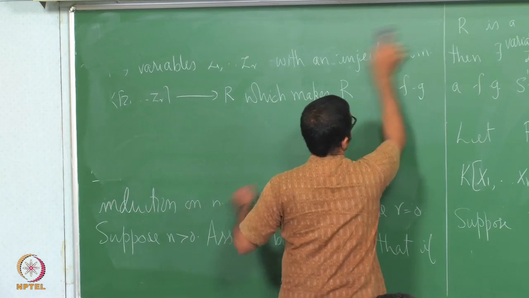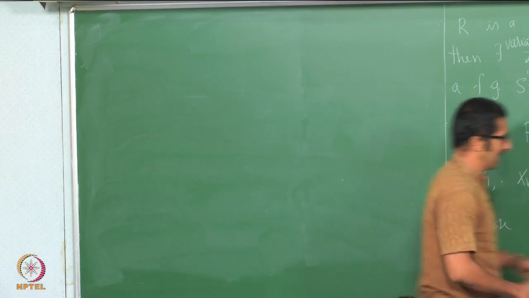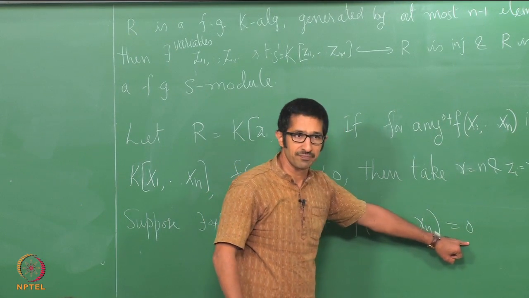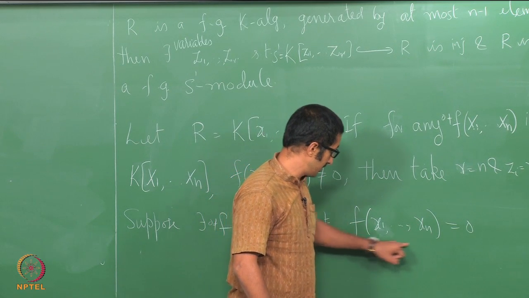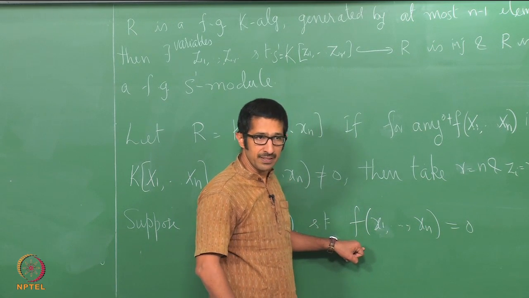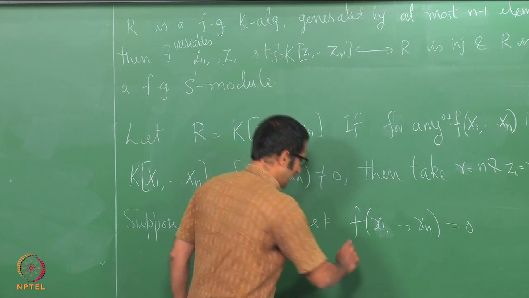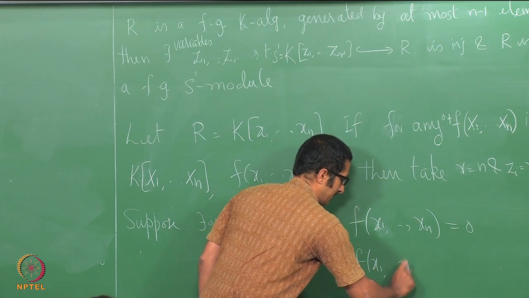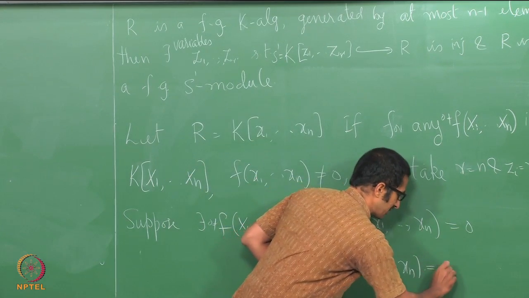So, the question here: can we make a change? See here I have obtained a polynomial relation such that f is 0. Now, this is 0 means if I multiply by any lambda in k, this will also be 0.